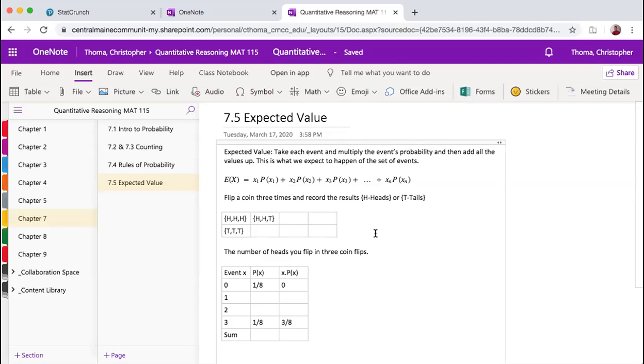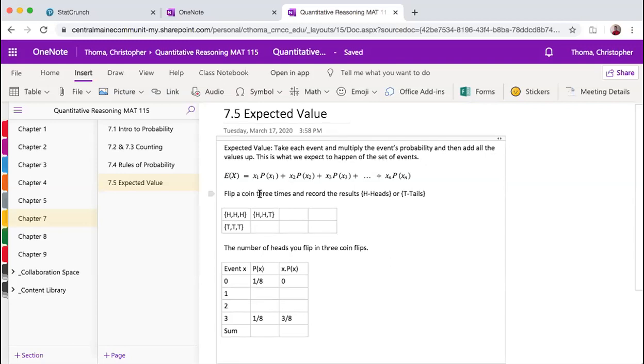So a nice easy one I like to use is flipping a coin again. So we flip a coin 3 times and record the results. I've done some of them here. I have heads, heads, heads, tails, tails, tails, heads, heads, tails, right? So let's think about what we're missing here. I could have heads, tails, heads. I could have tails, tails, heads.